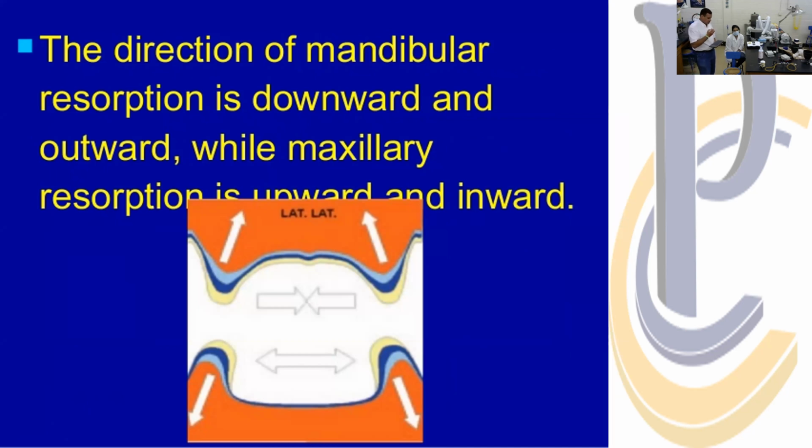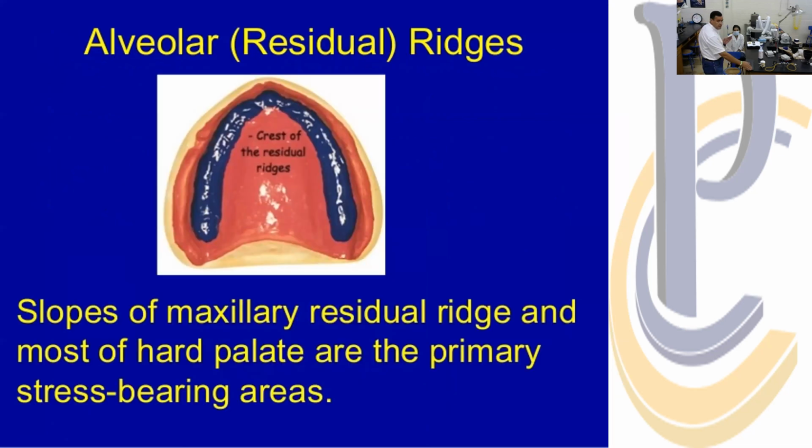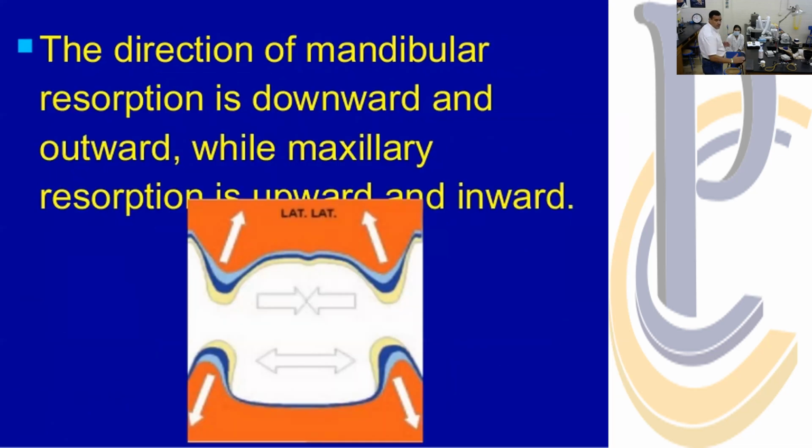Resorption means losing the bone, shrinking the bone. The maxilla will shrink inward. Can you see the maxilla shrinks inward? The mandible will shrink outward. The maxilla will get smaller. The mandible's thickness gets smaller, but it goes outward.